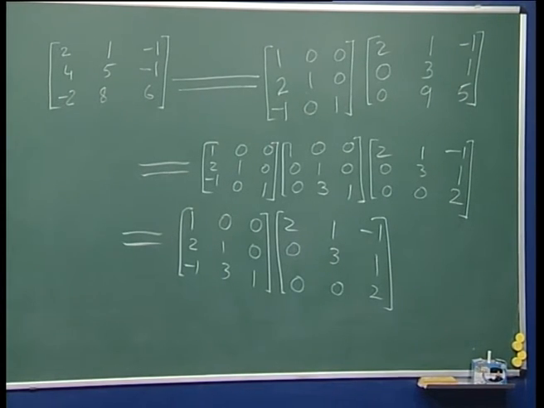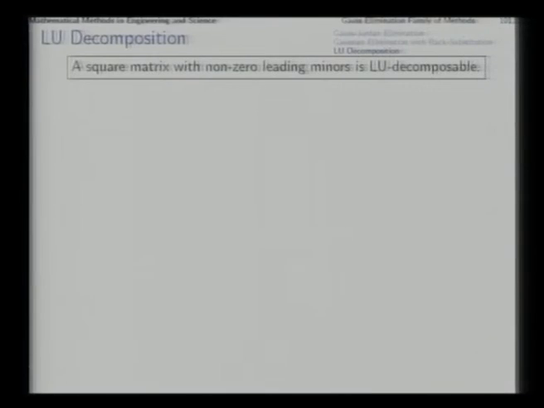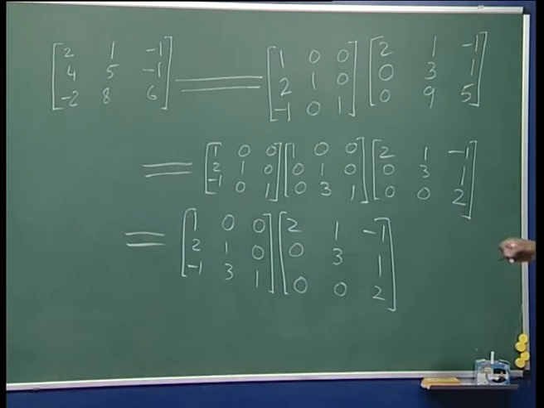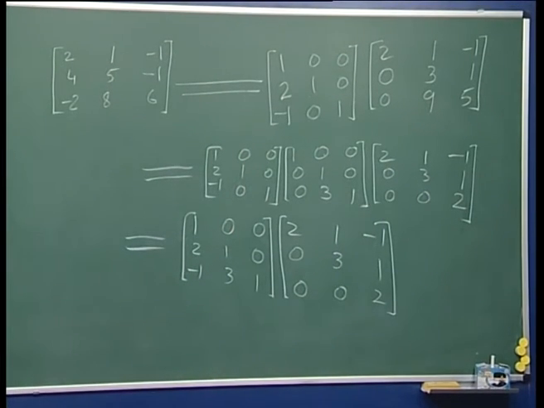Now, in the method of LU decomposition, the most important underlying understanding is that the square matrix, when processed through such elementary row operations, does not acquire a 0 in the diagonal position.